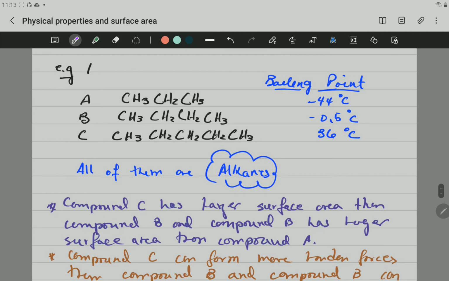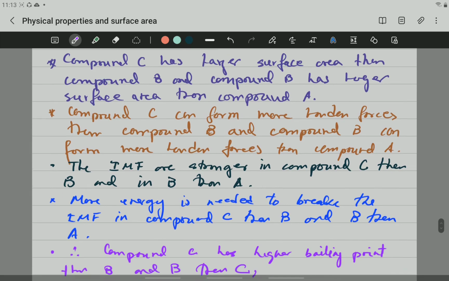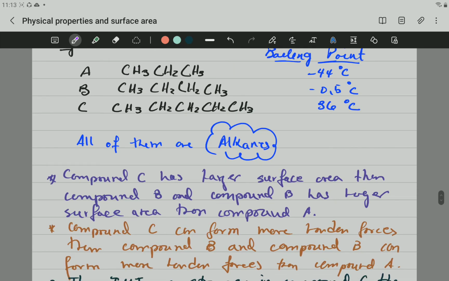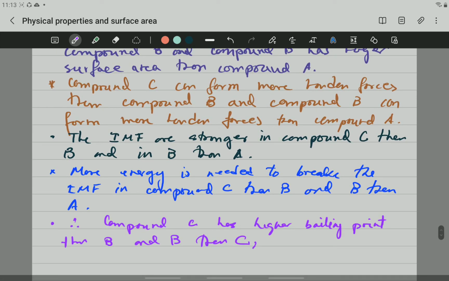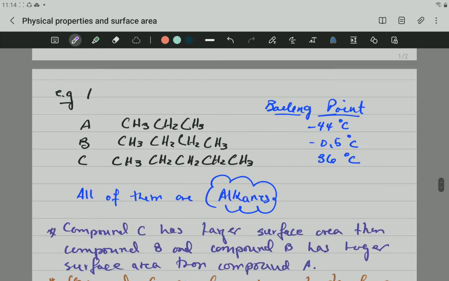Remember, if instead of boiling point it is the melting point, it is exactly the same. For vapor pressure, it is the opposite: whoever has the higher boiling point will have the lower vapor pressure. So in other words, compound C will have the lower vapor pressure. Remember that is very important.